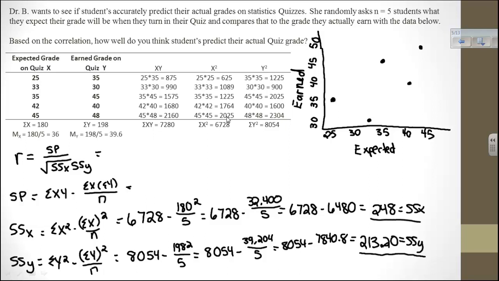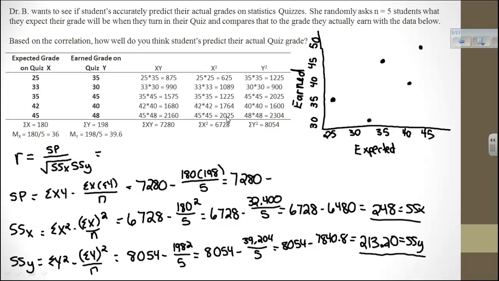Moving on. Sum of products. So the sum of x times y, each x times each y for each person, added together, is 7,280. Sum of x is 180. Sum of y is 198, divided by 5.